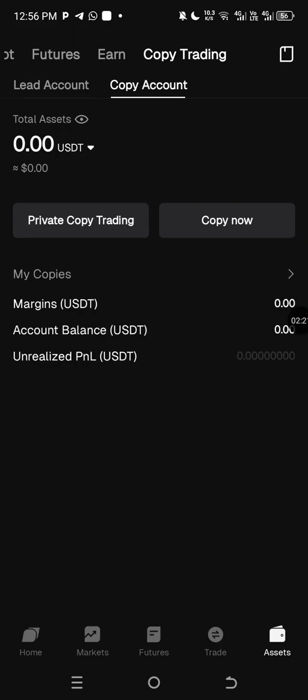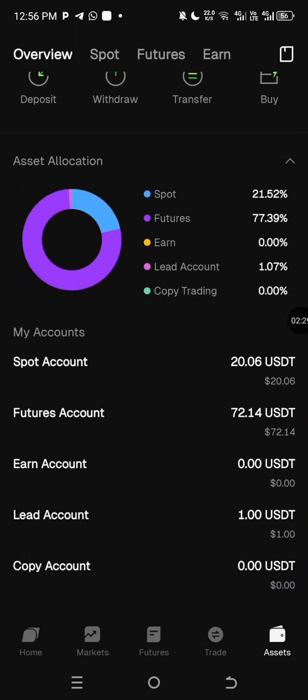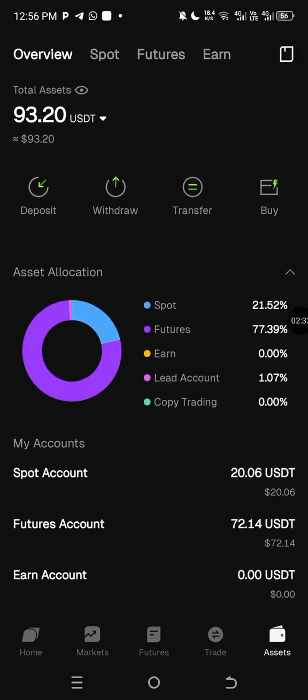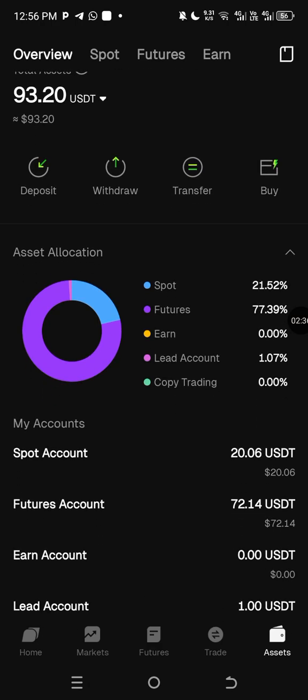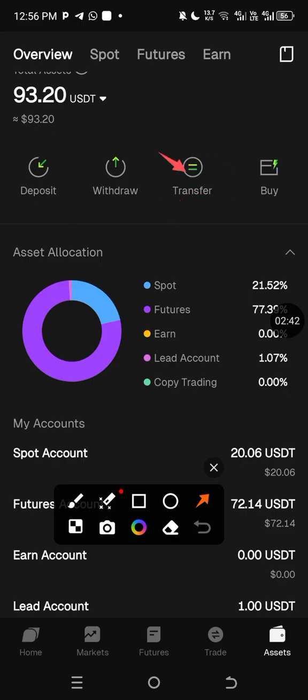Move your funds from your futures to your spot. It all depends on where you want to move them from, but you have to do that. This is going to show you how to do it. So just click on transfer.